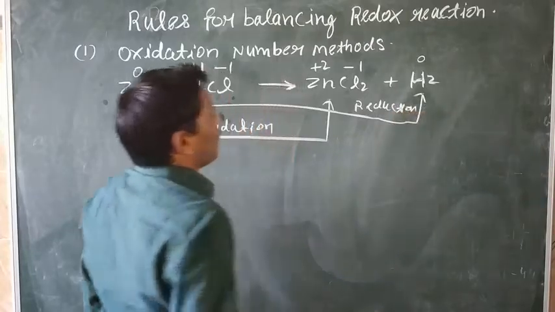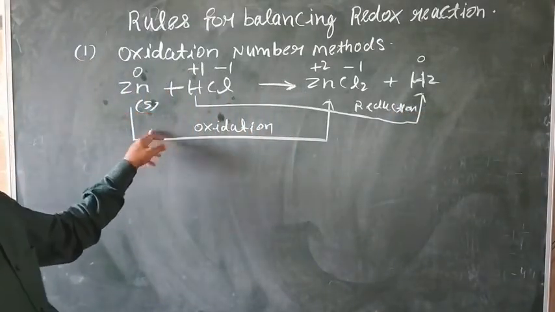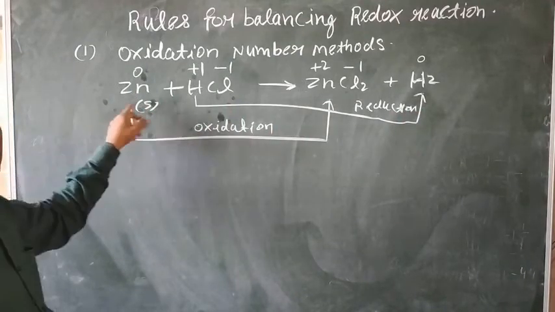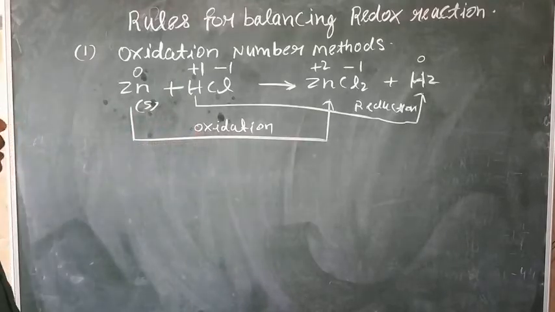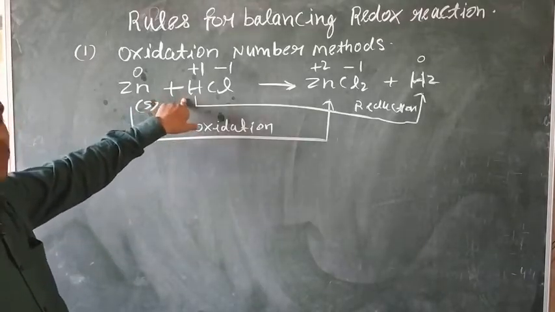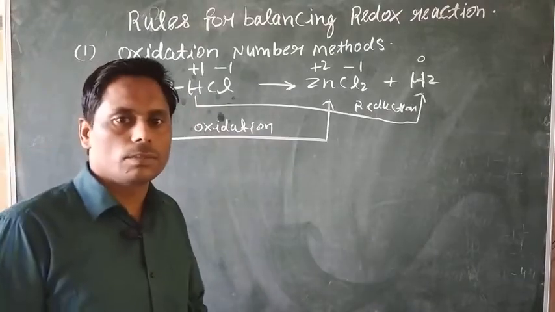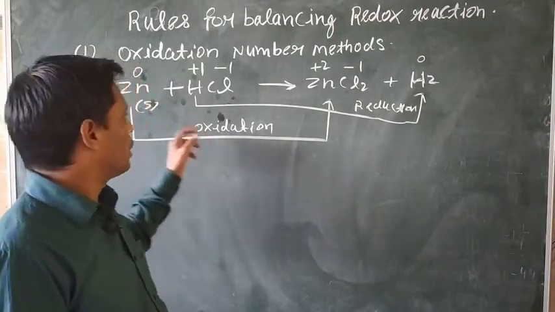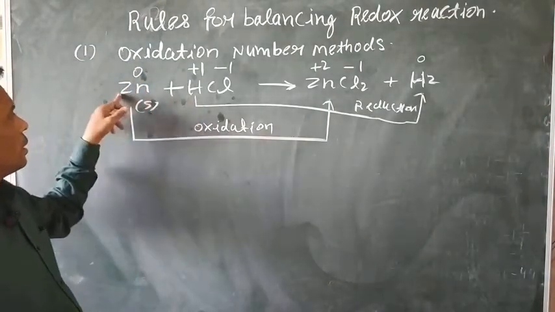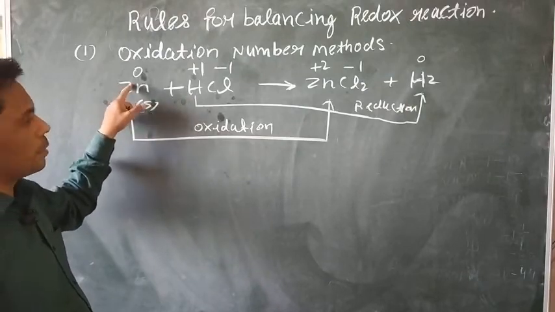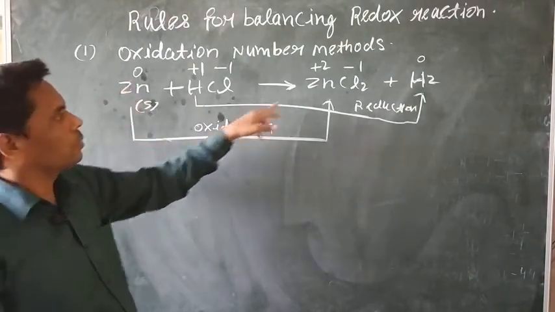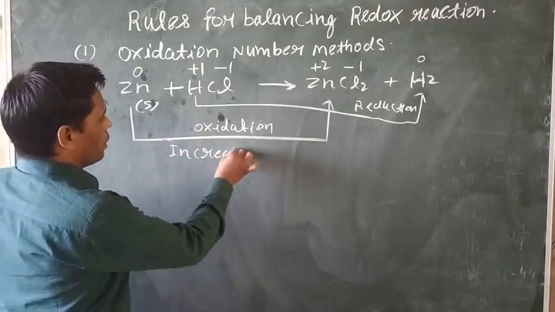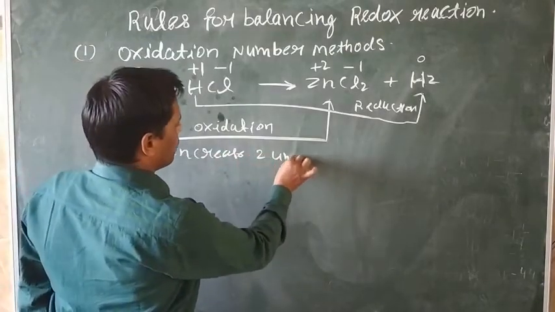After assigning which element undergoes oxidation and which undergoes reduction, first we find the total increase or decrease in oxidation number per atom. If one atom is present, we find only the increase or decrease, and if there is more than one atom, we calculate the total increase or decrease. Here, zinc is one atom and changes from 0 to +2, so the increase in oxidation number is 2 units per atom.